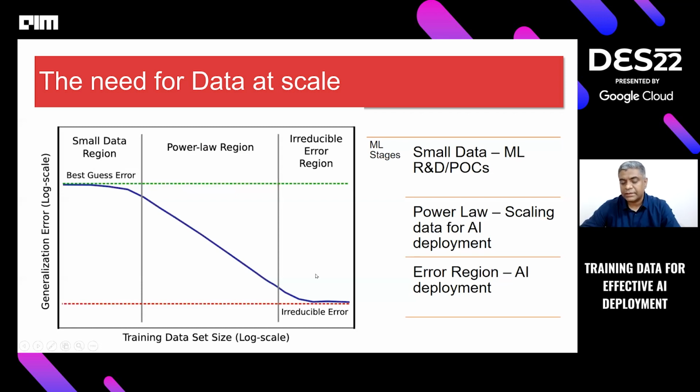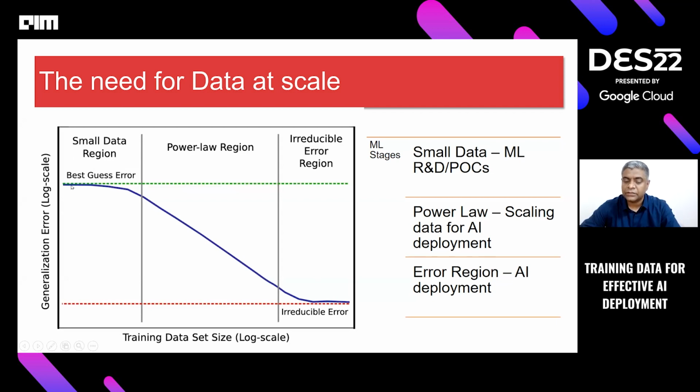Now that we understand data-centric AI, let's understand why we need a lot of data. If you look at this graph on your left, you will see error plotted on the y-axis against the training data set size on the x-axis. Both these parameters are in log scale. In the small data region, the model's performance is the worst with the highest amount of error.